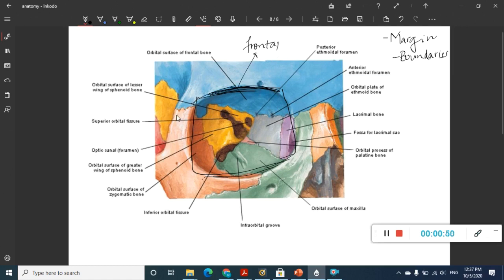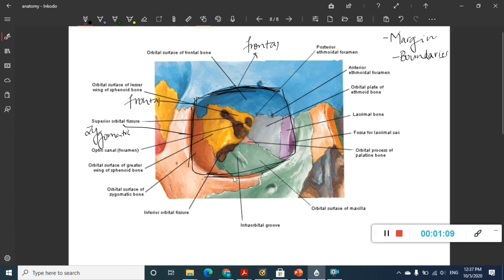Then the lateral margin is formed by the frontal bone on the upper side. If you have to be specific, then the zygomatic process of the frontal bone, and below you have this one, which is the zygomatic bone, that is, again the frontal process of the zygomatic bone.